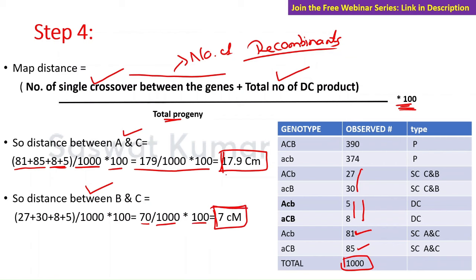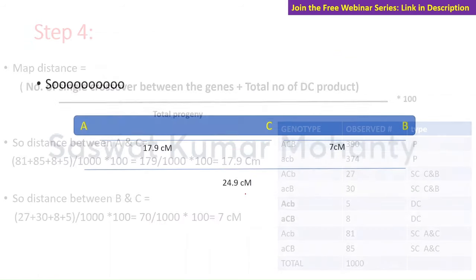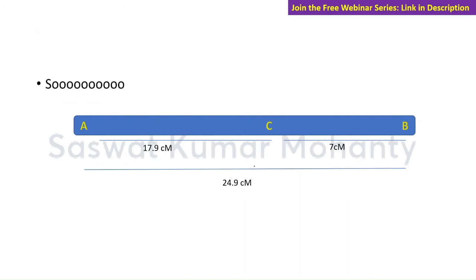So the distance between A to C is 17.9 centimorgan, whereas the distance between B to C is 7 centimorgan. So the gene order is ABC. A to C is 17.9 and B to C is 7. So the distance between A to B will be 17.9 plus 7, which is 24.9 centimorgan.